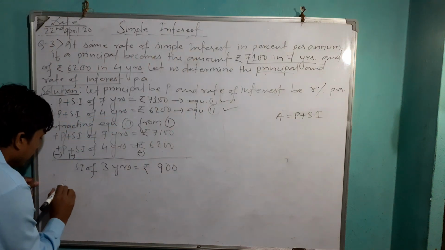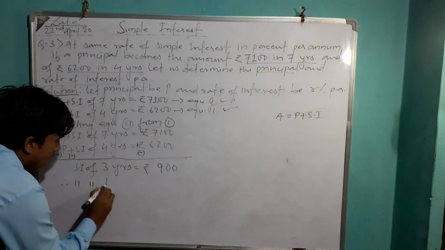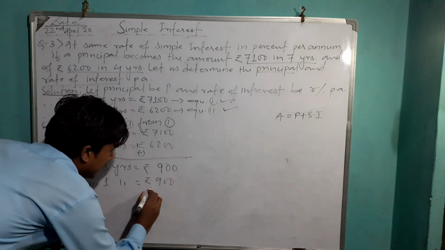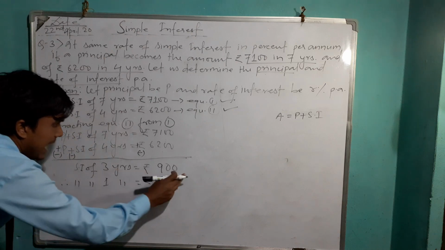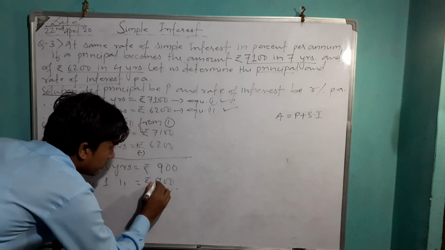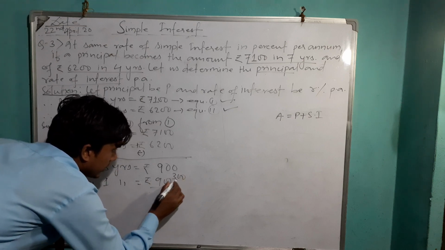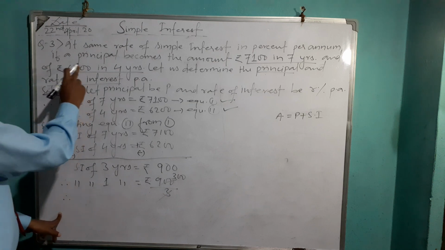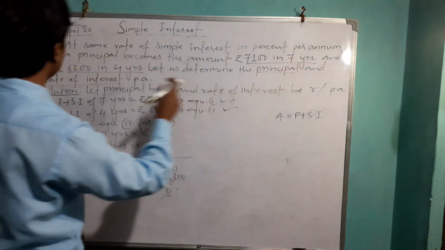So first, therefore, SI of 1 year equals rupees 900 divided by 3. For 3 years it is 900, and for 1 year it will be less, so we divide: 3 1s are 3, 3 3s are 9, 3 0s are 0, 3 0s are 0. Now we will take either 7 years or 4 years.